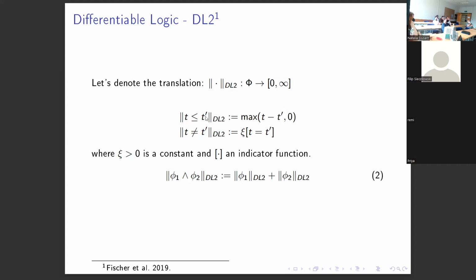If t prime is actually less than t, we want this to return a larger value, because we want to penalize the neural network. The same goes for the indicator function, which will return 1. So this will be larger than 0 if these are equal, and we want to check if these are not equal, so we want to penalize for that. So we should read the valuation domain D of the valuation function as measuring the extent to which something is badly false. Yes, here, yes. Okay.